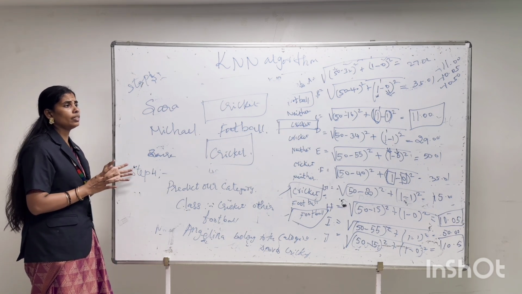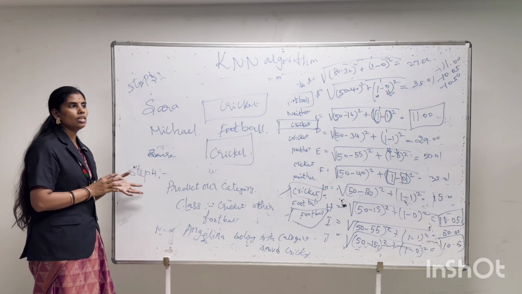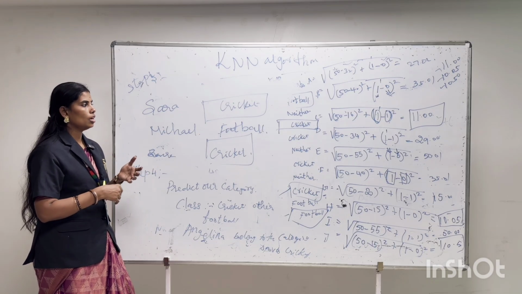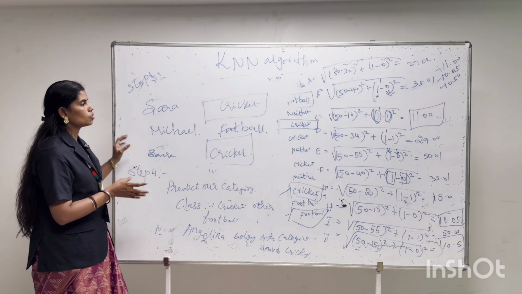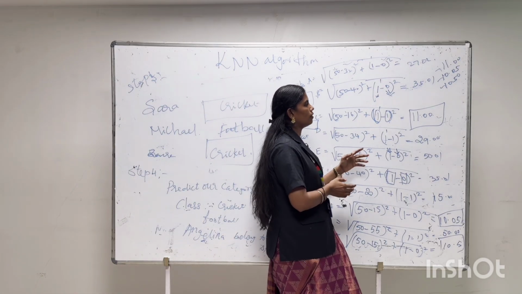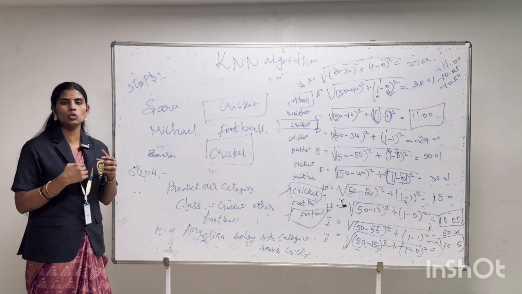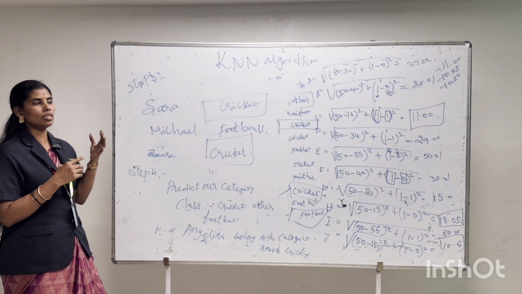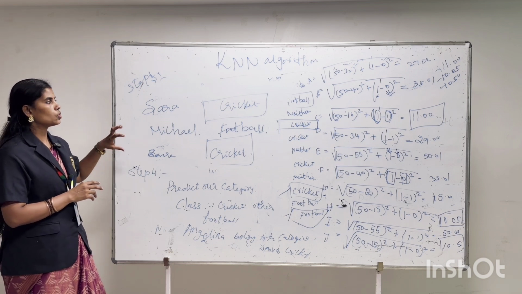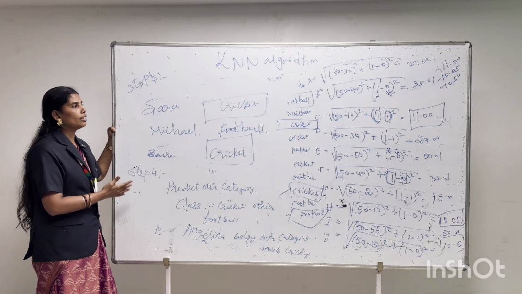From the majority we predict our classification. Under supervised learning, classification models are used. In the first problem we chose the majority value, with k as 15. We got one blue and two red, so we chose red. The red is the majority, so they belong to the red category.